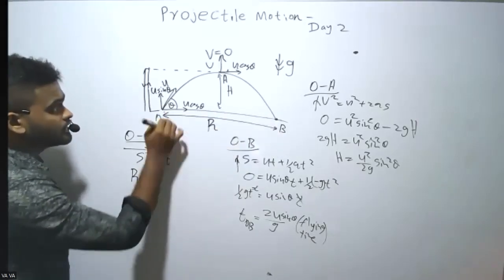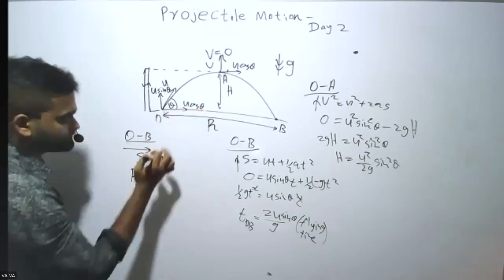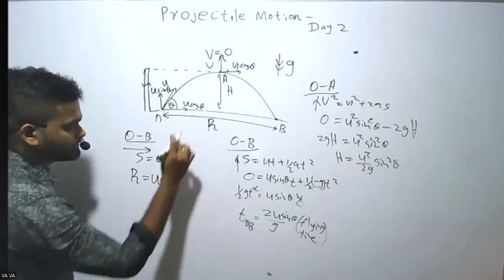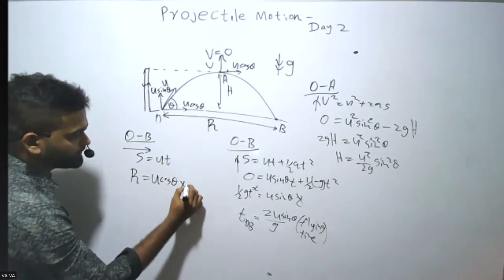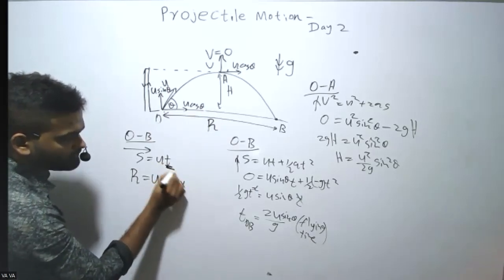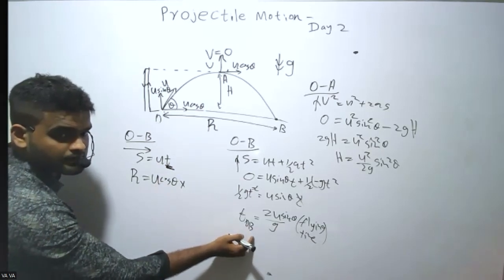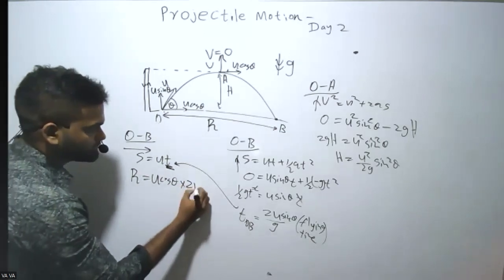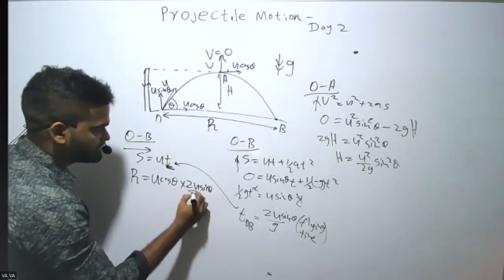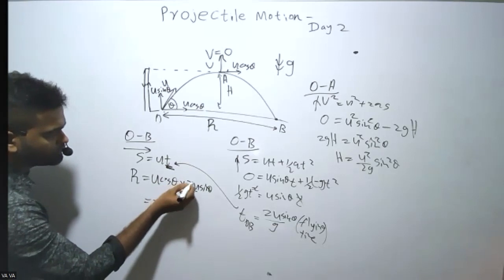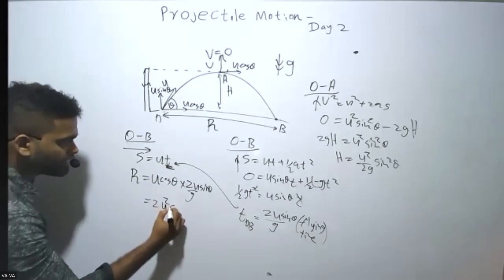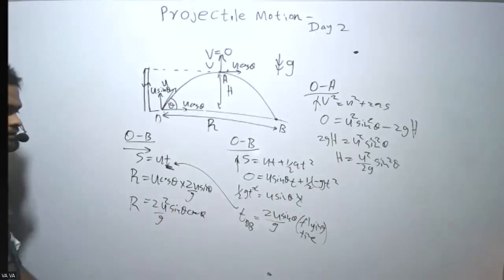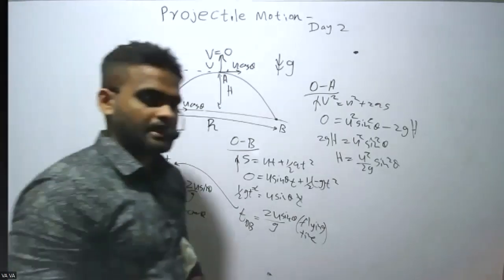S is R. u cos theta is the horizontal component. Horizontal component times time. That is the flying time, right? Flying time we found here, T O B. Just substitute it here. So that is 2u sin theta divided by g. Take u to this side, u squared sin theta cos theta divided by g, times 2. So that is the range.